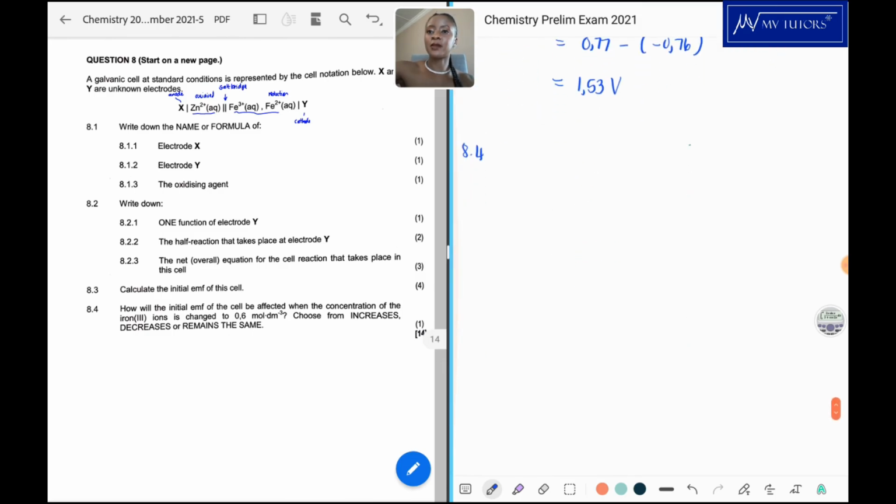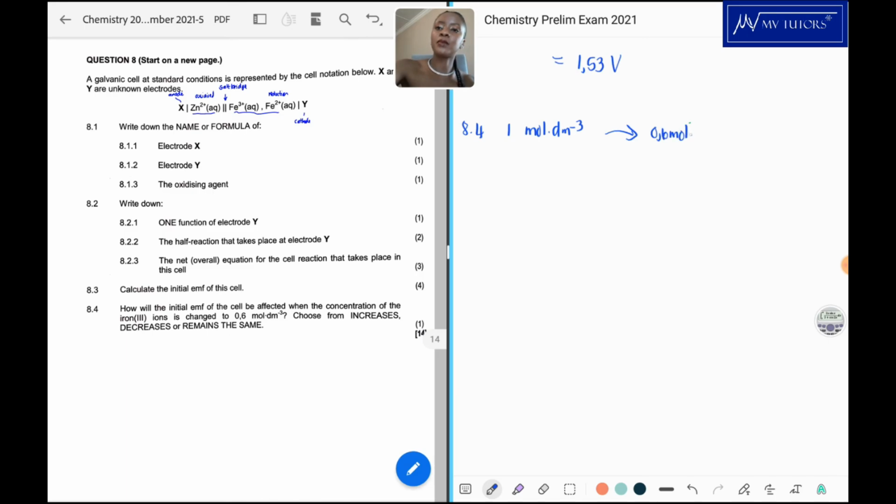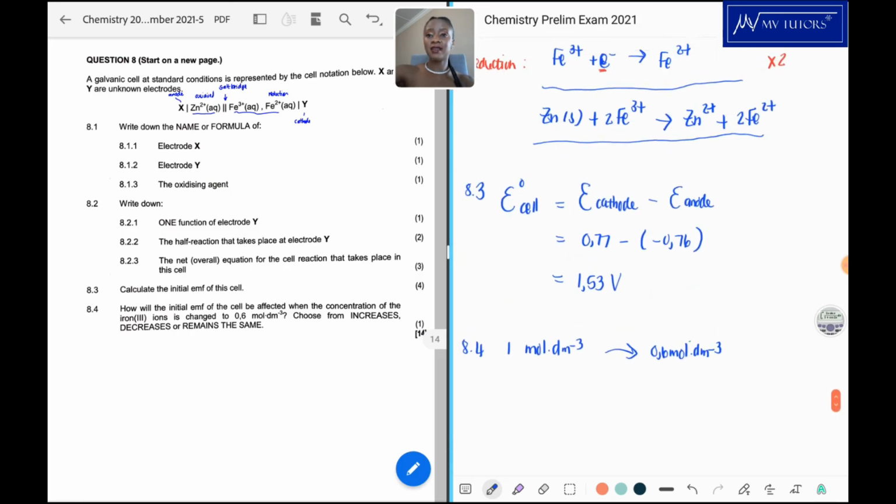So our concentration went from 1 mole per cubic decimeter to 0.6 mole per cubic decimeter. So we reduced. They're expecting you to know that under standard conditions, the concentration is 1 mole. So it reduced, right? That is the iron 3 ions.